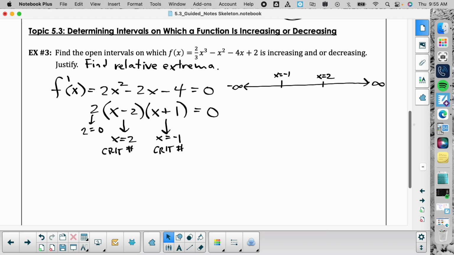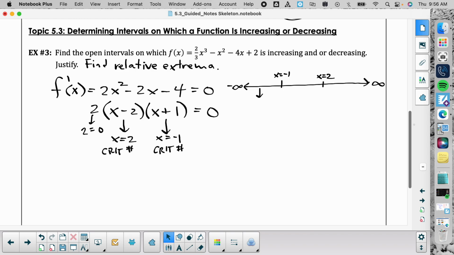So if we want to figure out negative infinity up to -1, we're going to pick a random number from that section and put it in the derivative to figure out if it's increasing or decreasing for that section. So my test number for here, what's an easy number from negative infinity to -1? Pick the easiest one you can think of.